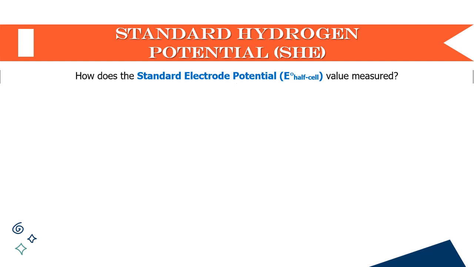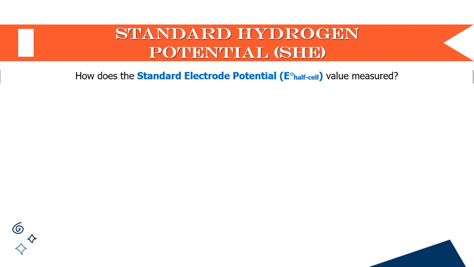The value on the SRP table is the standard electrode potential, the ability of the half cell to undergo reduction. But how do we actually measure the value? How did we come up with the value?